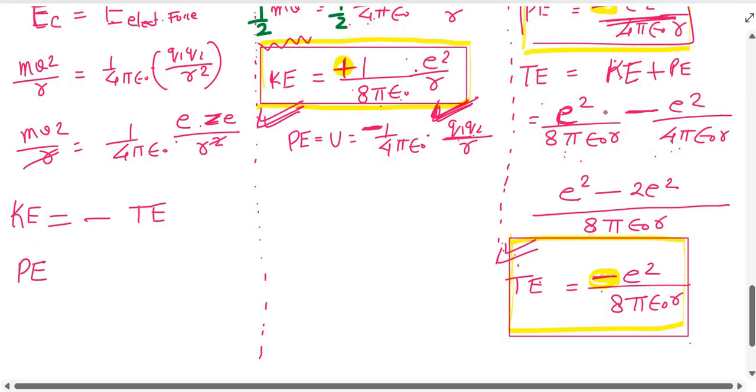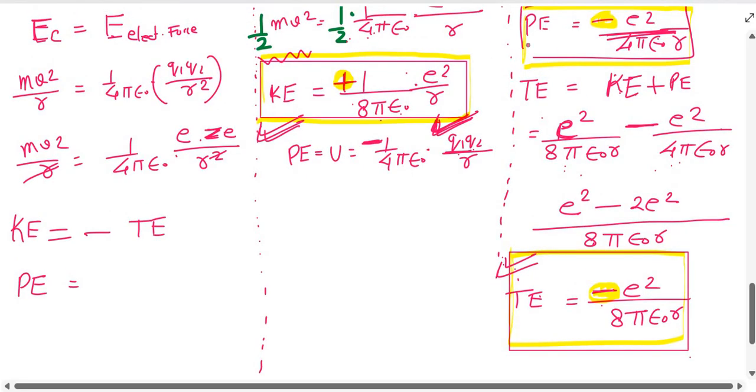And if I observe potential energy, what is the potential energy formula? If you observe these two, potential energy and total energy, what is the relationship? This is 4 here, and this is 8 here. So what do you think? In potential energy it is 4 pi epsilon naught, and this is 8 pi epsilon naught. So it is nothing but double the total energy.